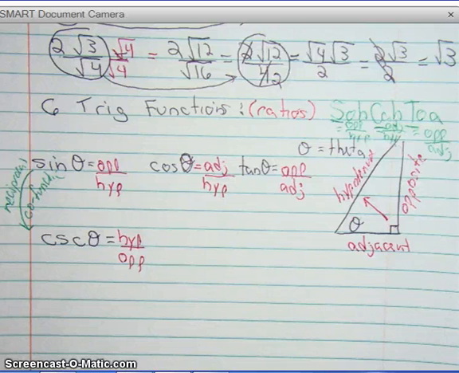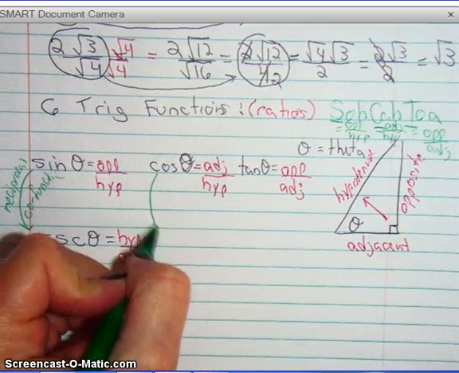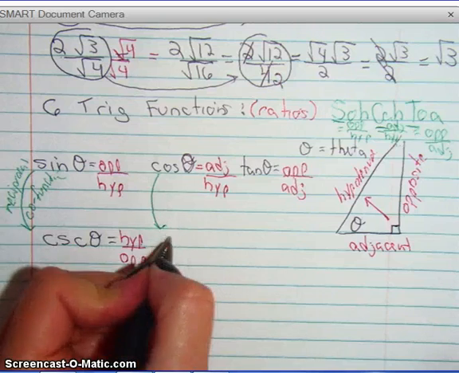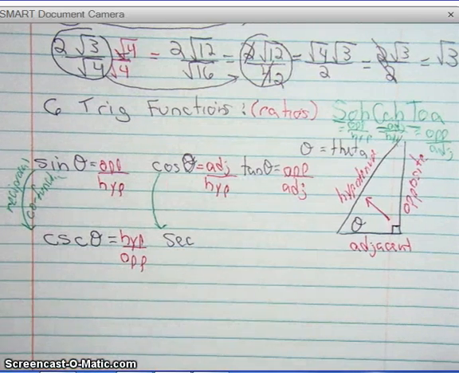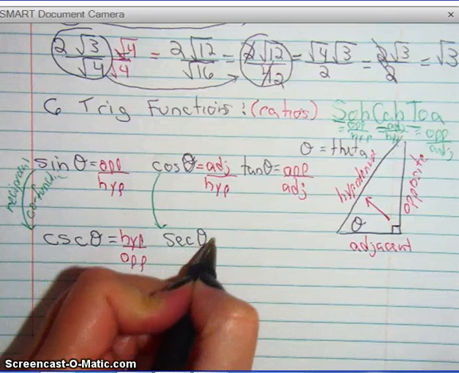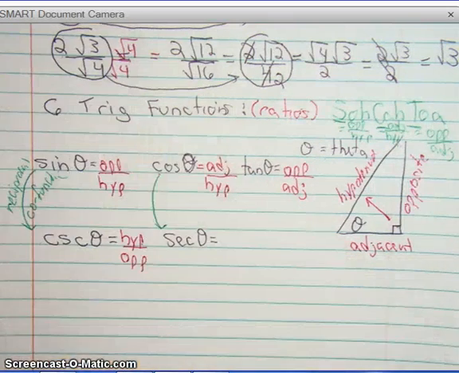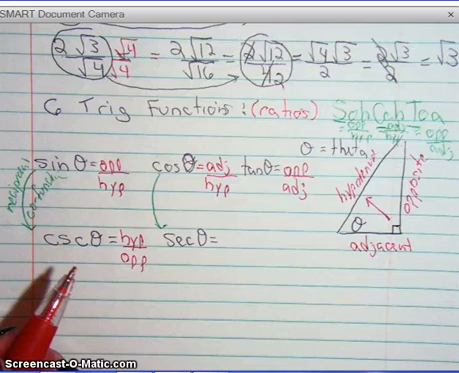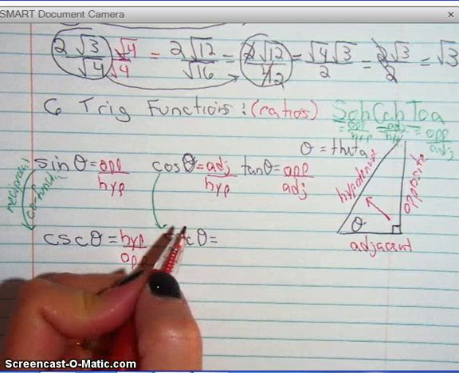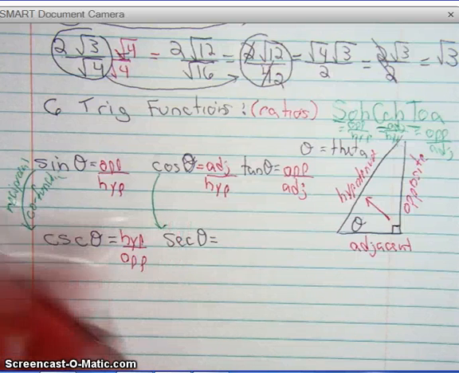So the co-function gives hypotenuse over opposite. The cofunction of cosine is SEC, secant. Okay, Joel, how do you reciprocal cosine? What do you get after you reciprocal it?